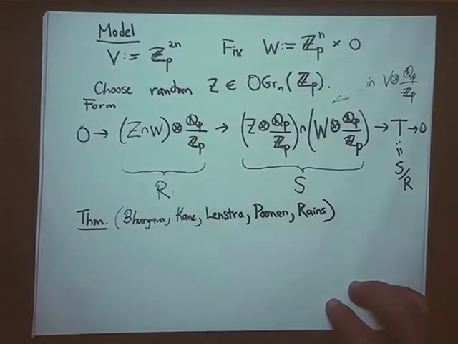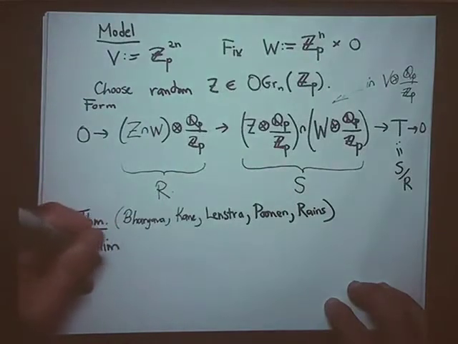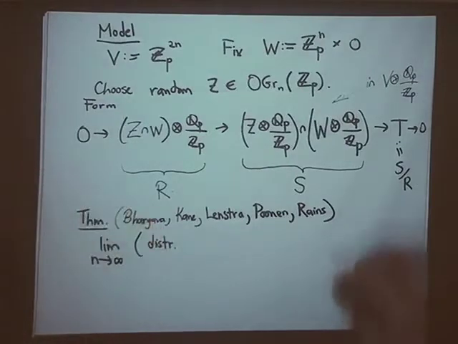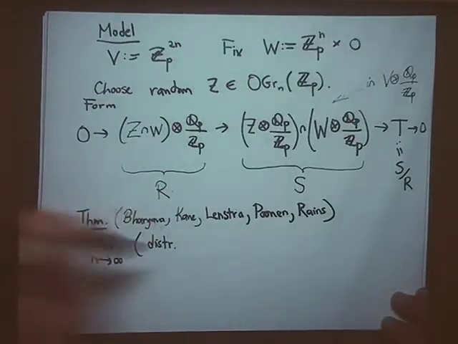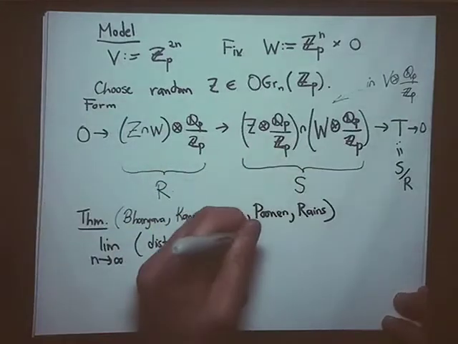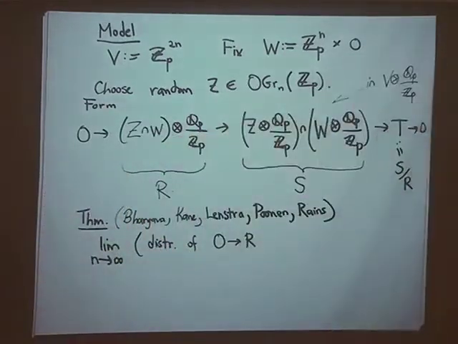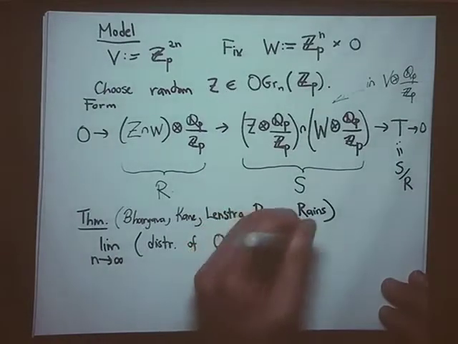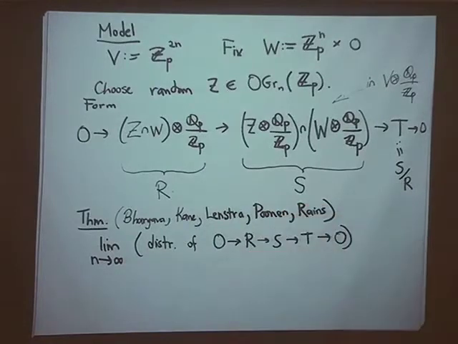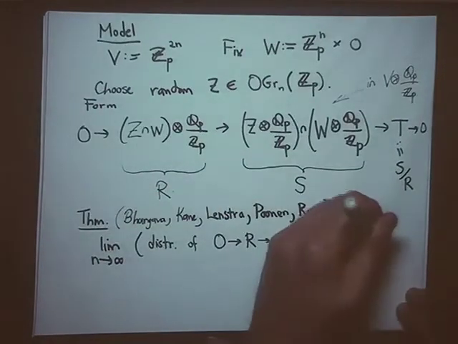The first theorem is that, maybe not too surprisingly, the limit of this distribution, a distribution on short exact sequences of Z_p modules, exists. If you fix a particular abstract sequence of Z_p modules and ask what's the probability that this gives that sequence, you get a certain probability for each n, and those numbers converge. They give you an actual discrete probability distribution on the set of such abstract short exact sequences.